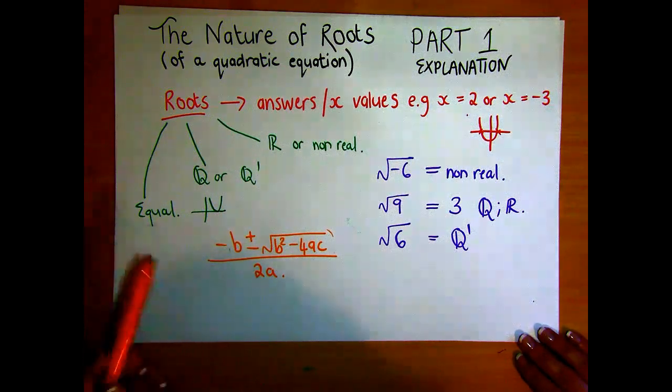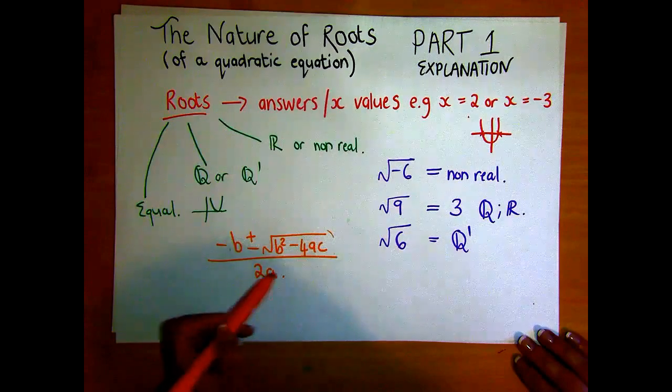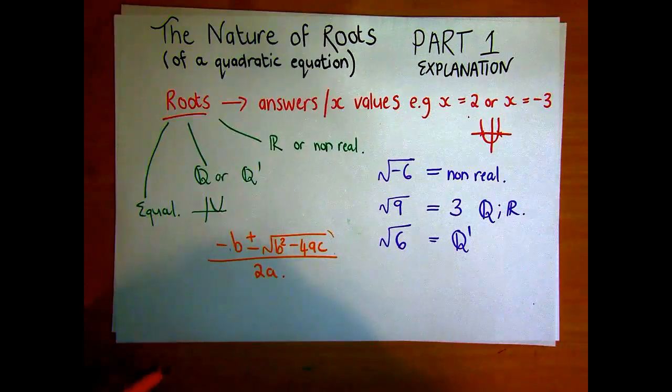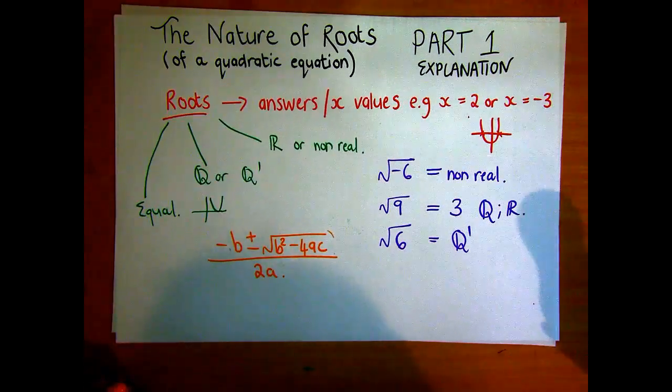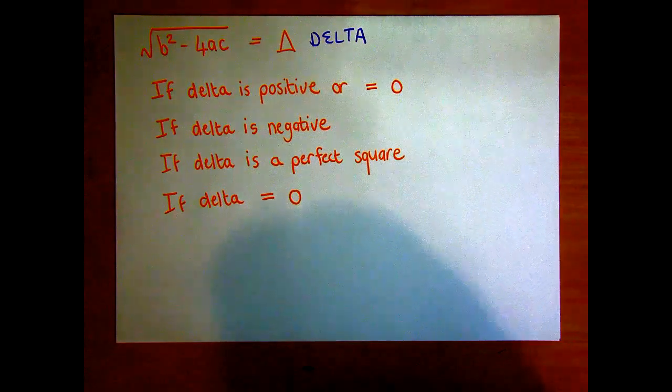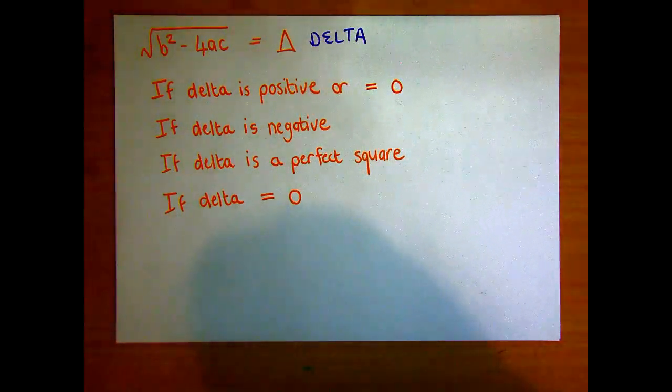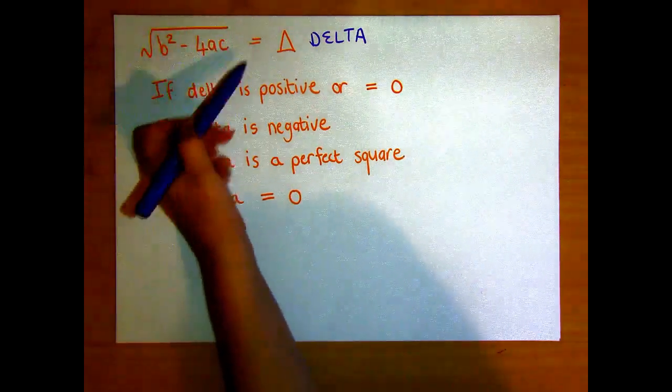Our special formula is merely using this section of the quadratic formula to establish not the roots themselves, but the nature of those roots. Okay, so here's the theory that you are going to need to learn off by heart to be able to use when you work this out.